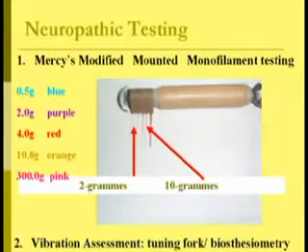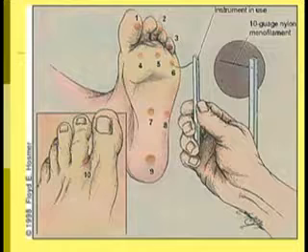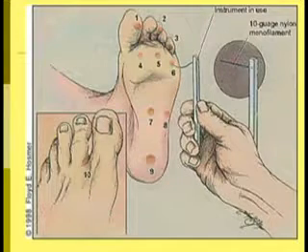Vibration assessment may be done with a tuning fork or with a more sophisticated device called a biothesiometer. Now over here you can see that when you check with the monofilament, there are ideally 9 positions on the plantar surface plus a 10th one on the dorsal surface for assessing neuropathy with the monofilament.